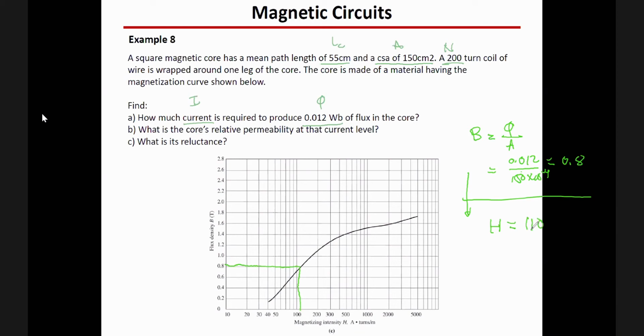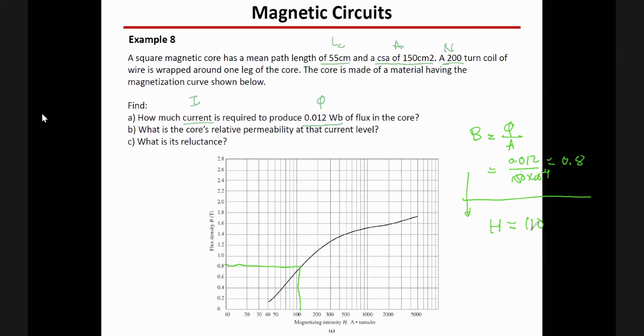Okay, is it clear? So 110 for H. Then what? Multiply it by the length, find F.